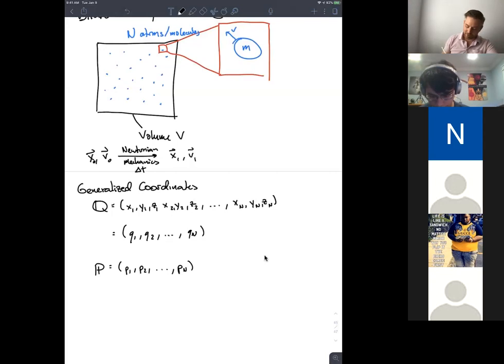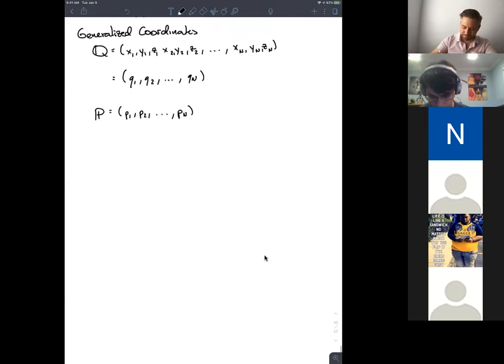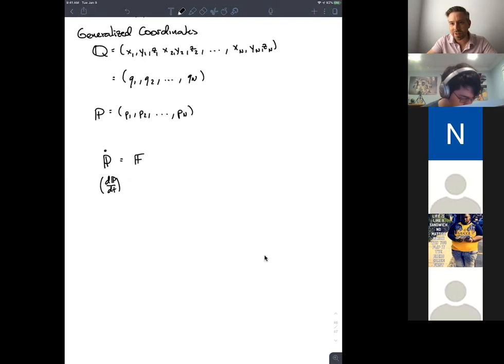In principle, if you know the momenta, and you look at the time derivative of the momenta, which I will indicate by big fancy P dot (this dot notation, in case you're not familiar with it, indicates a derivative with respect to time), then if I have this vector of momenta of every one of my atoms and I take the time derivative of that, that should tell me something about the forces acting on each one of these atoms, or vice versa.